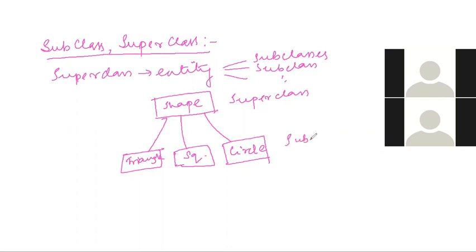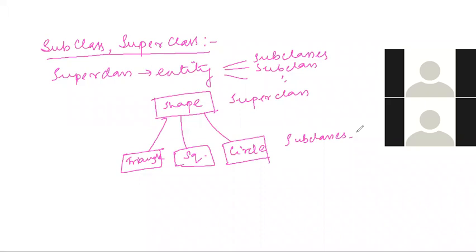So these are examples of subclasses. So subclasses are the group of entities with some unique attributes. So triangle has a unique attribute of its own, that is it will have three vertices. Square will have four vertices. Then all the sides of a square will be equal.